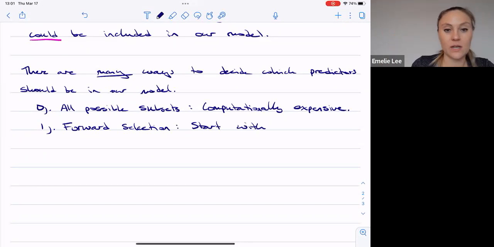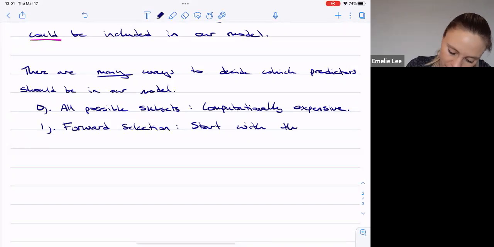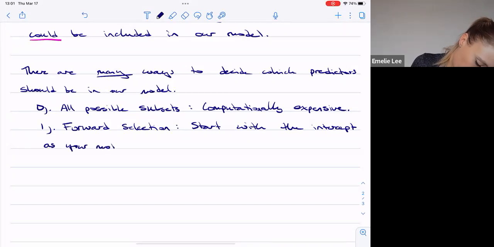Start with a model with just the intercept. We call that a constant model because it's just the intercept, it's just a straight line. So start with the intercept as your model, which is really no predictors.